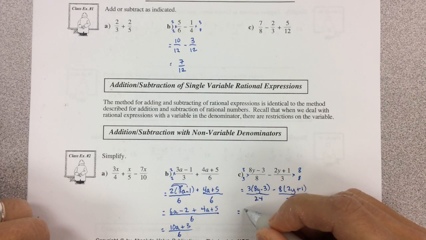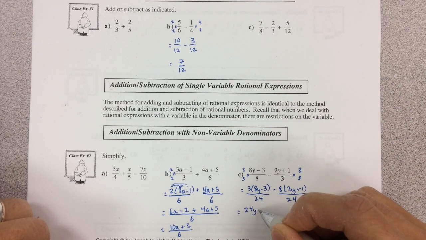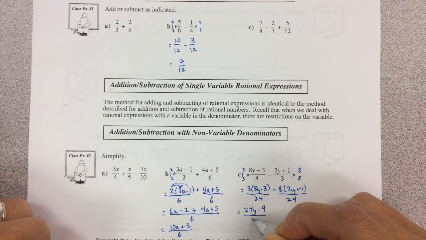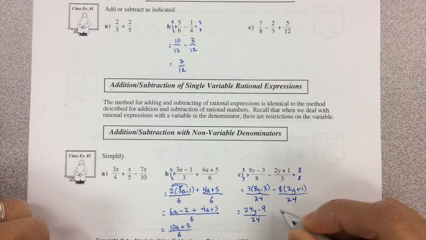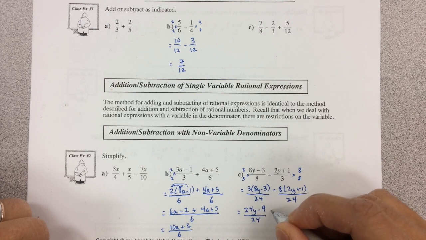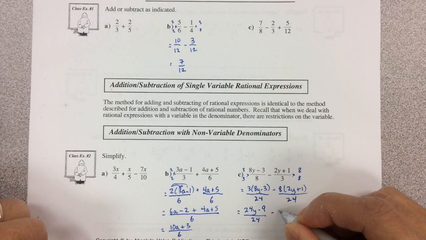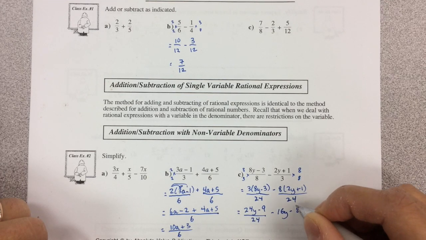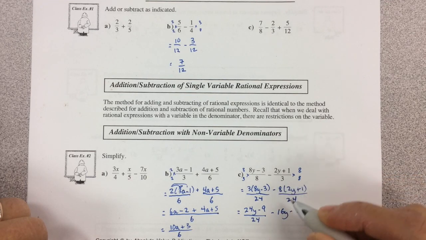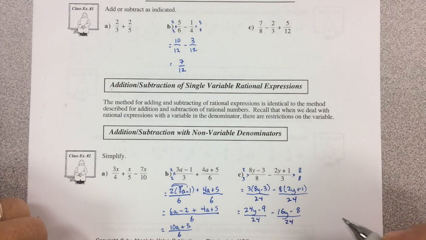In simplifying this, I'm going to end up with (24y minus 9) over 24 minus (16y plus 8). Negative 8 because of this negative sign in front, over 24.